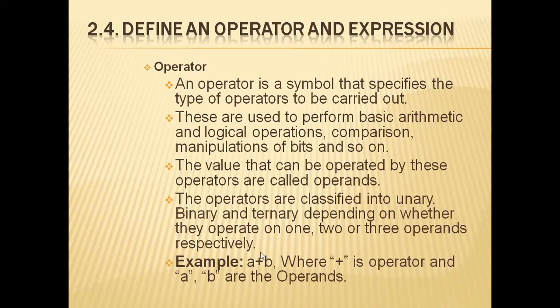See, this is the example. By this example you can get an idea about operator and operand. Here it is A + B. The plus symbol is the operator, and A and B are the operands. If you write A - B, the minus is the operator and A and B are the operands.